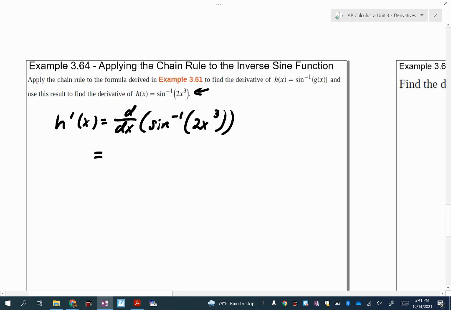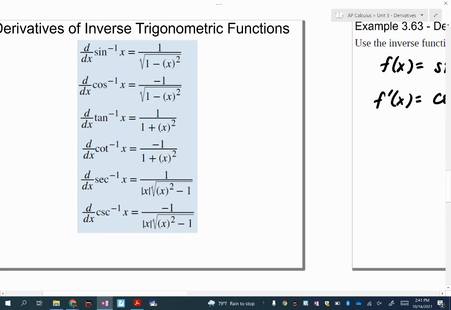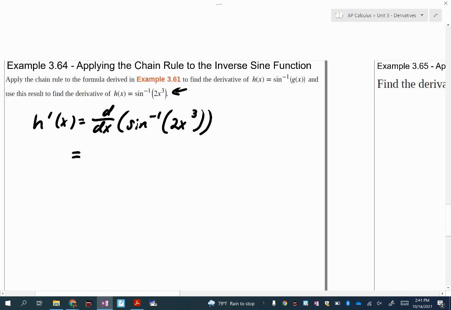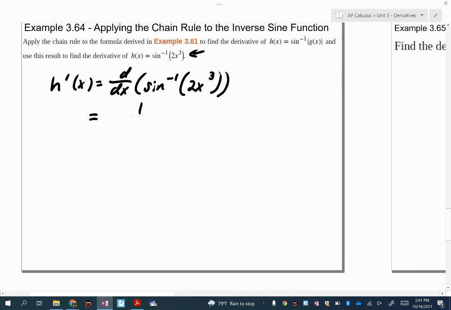So this is the chain rule. The derivative of the inverse sine is 1 over the square root of 1 minus your argument squared. So 1 over the square root of 1 minus your argument, but look at our argument, it's 2x cubed, and all of that squared.